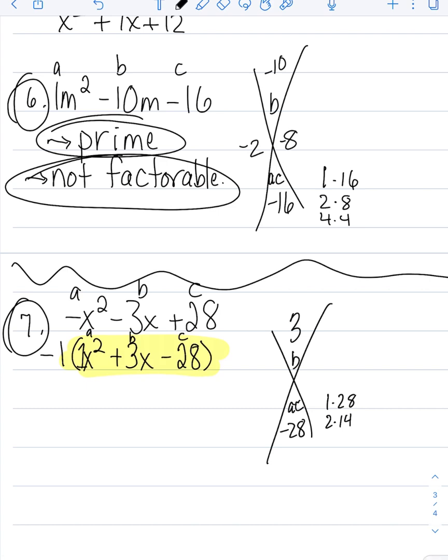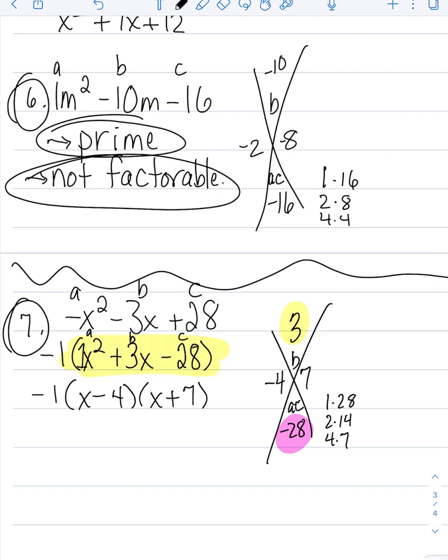Let's see, not 3. 4 times 7, and I'm actually going to stop there because I notice if I have 4 and 7, I can make the 4 negative, and 7 minus 4 gives me this 3 that I need, and negative 4 times 7 gives me this negative 28 that I need. So my factors are negative 1 times x minus 4 times x plus 7.